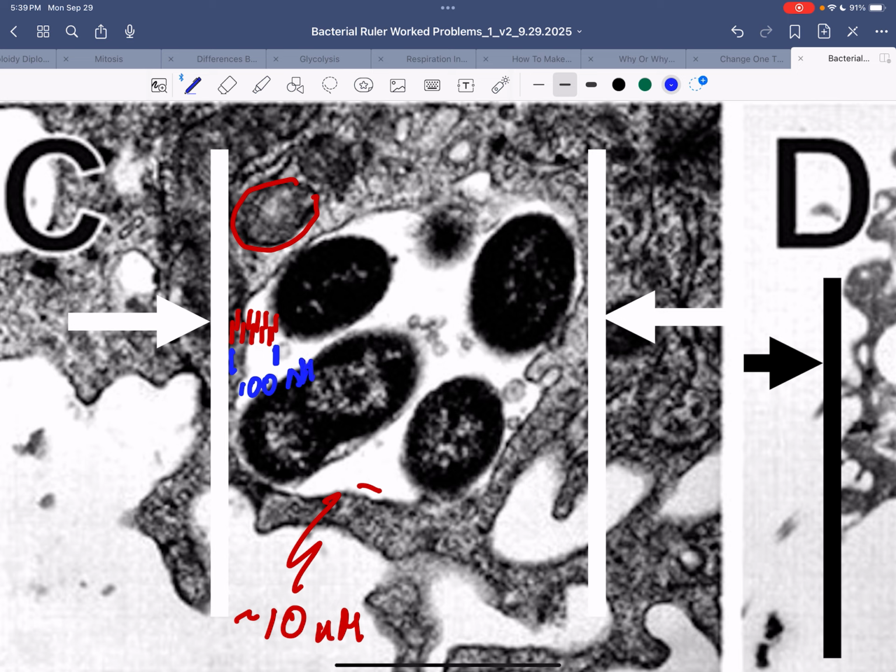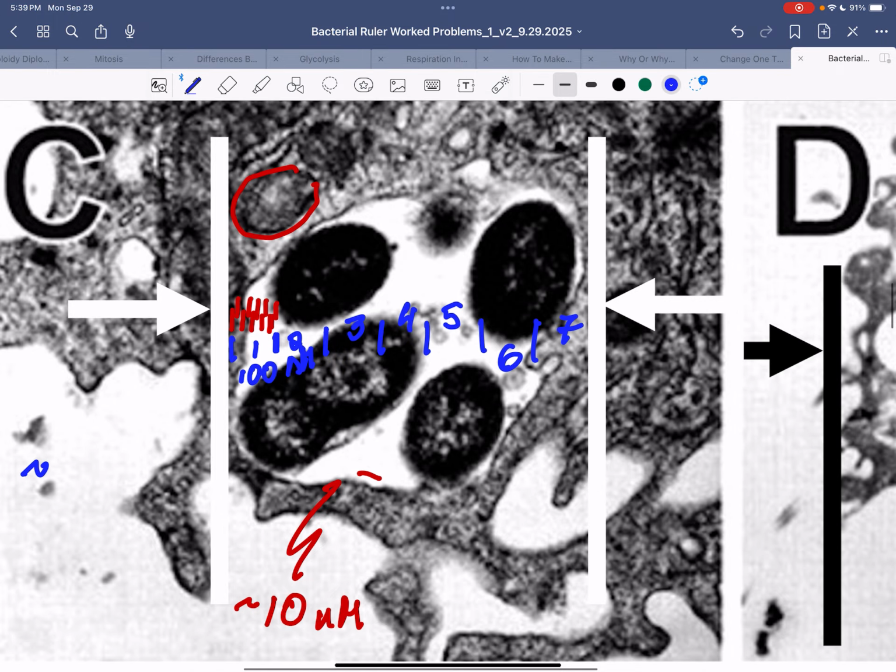And once we have that, we can just put marks across it roughly that same distance apart. And we have 1, 2, 3, 4, 5, 6, 7 of those. So that makes our answer about 700 nanometers, which would be equal to 0.700 microns or micrometers.